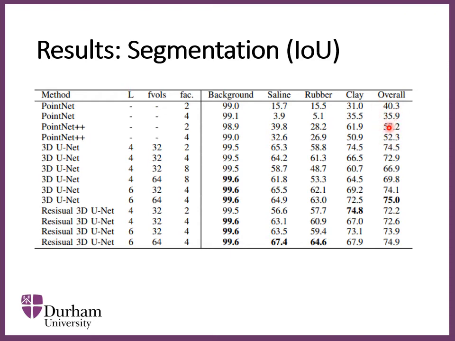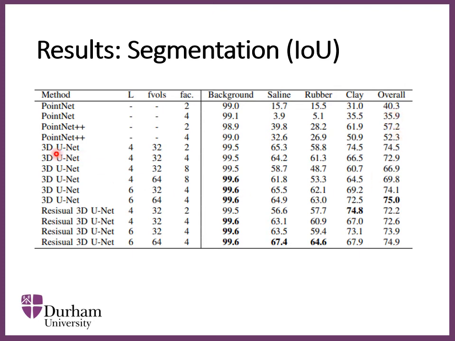For example, PointNet++ can give reasonably good results when the downsampling factor is equal to 2. But we can also see that if we downsample the CT volumes by a factor of 4, the performance degrades to some extent for both PointNet++ and PointNet.